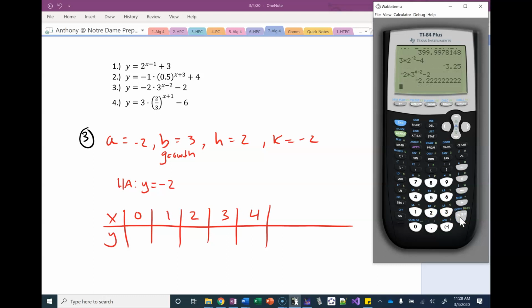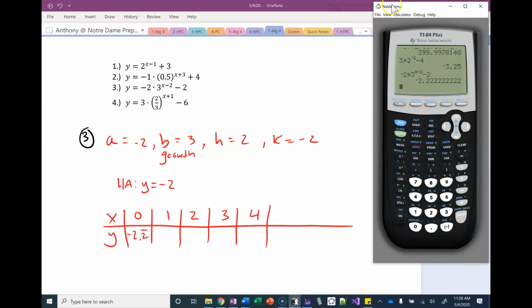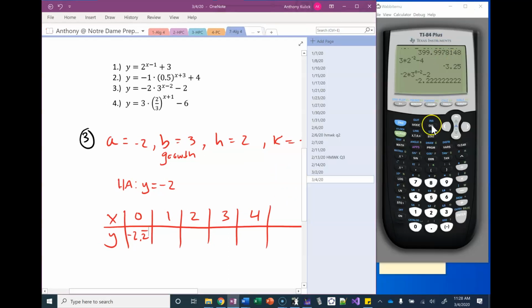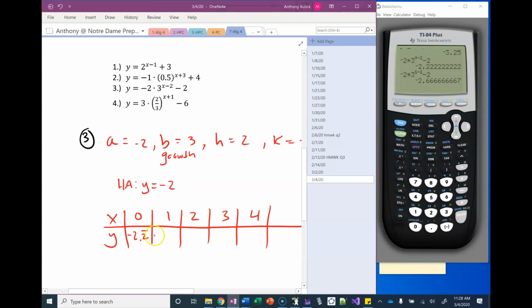So that's negative 2.2 repeating. And the next one, I want to change that to a 1. It's negative 2.6 repeating. And then that one I can do in my head.